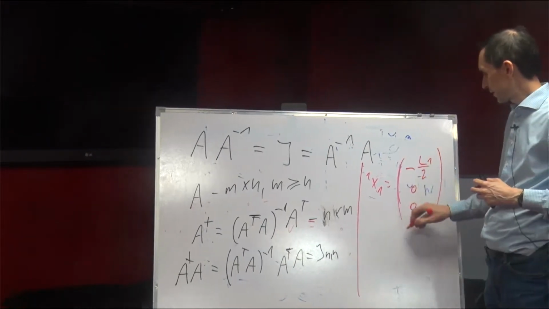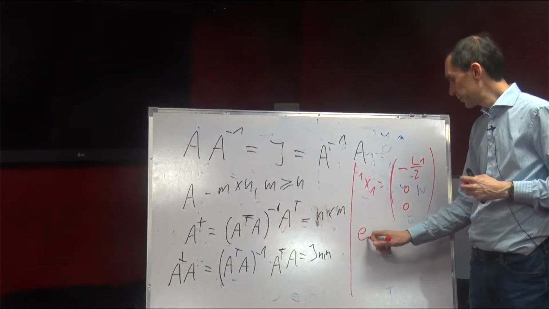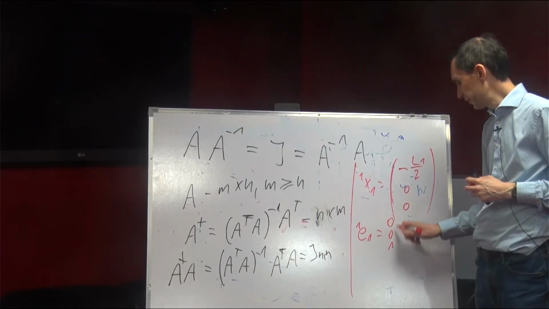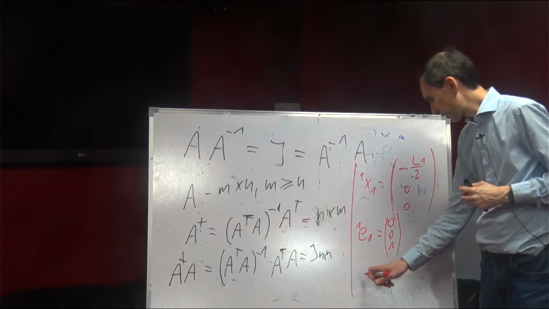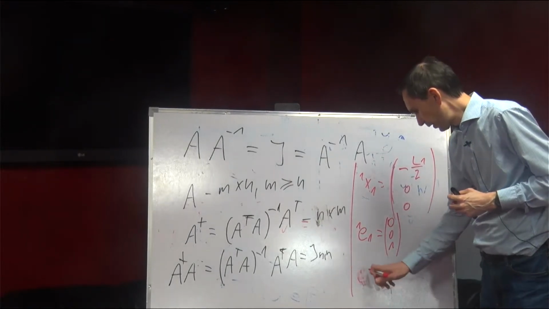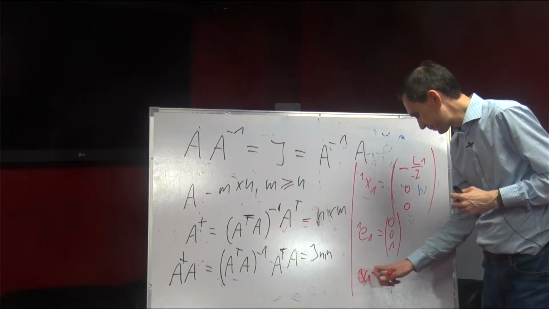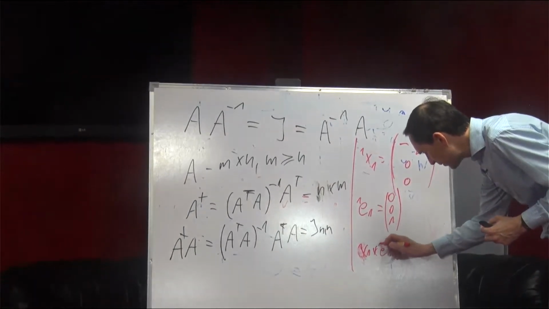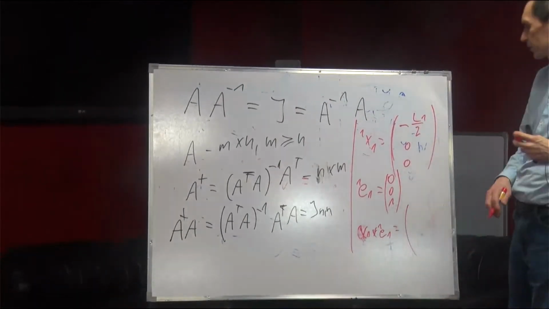That's the x1. So the E1 in the one frame is of course 0, 0, 1, and the cross product, no, the other way around. E1 cross x1, who can compute this?